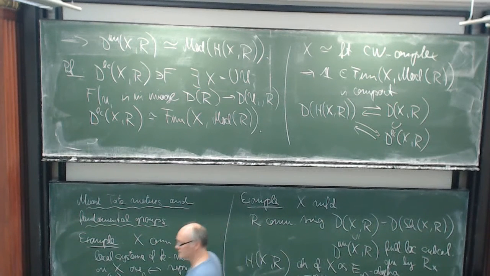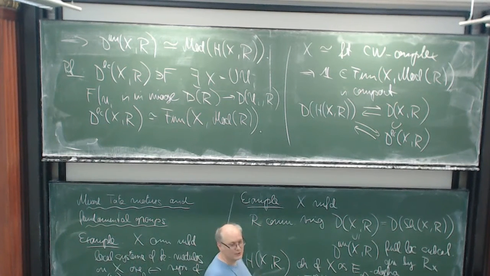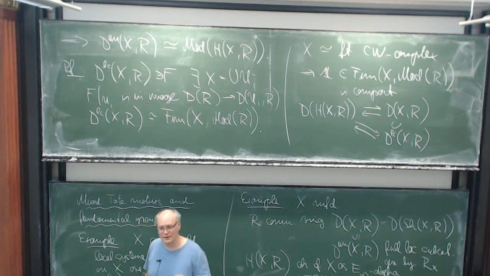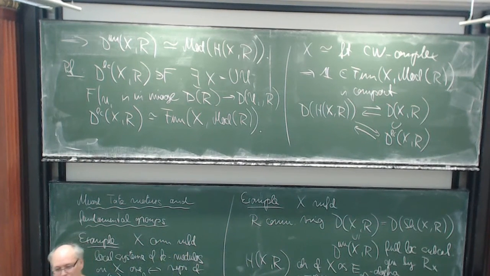Excuse me? Yeah? Can you say again why D of X comma R is not compactly generated? Yeah, there's a paper by Neeman, which has the following theorem. If you have at least a one-dimensional connected open manifold, then the only compact objects are the zero objects.